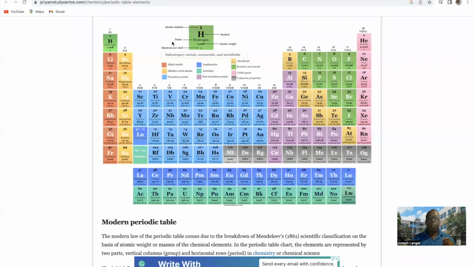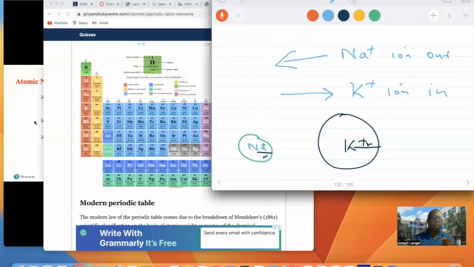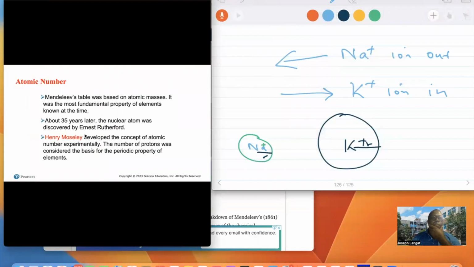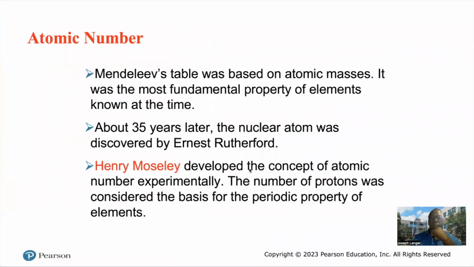And that is why, now let's go back to our slide. If we go back to our slide, you'll see why Moseley had to develop a concept of atomic numbers.